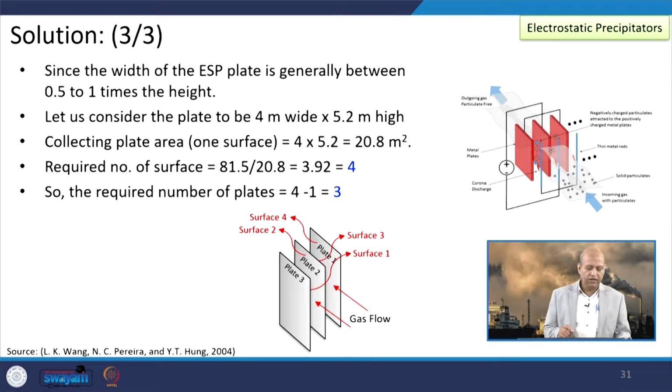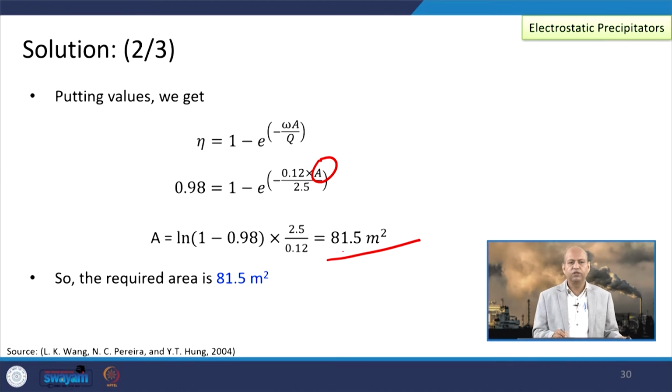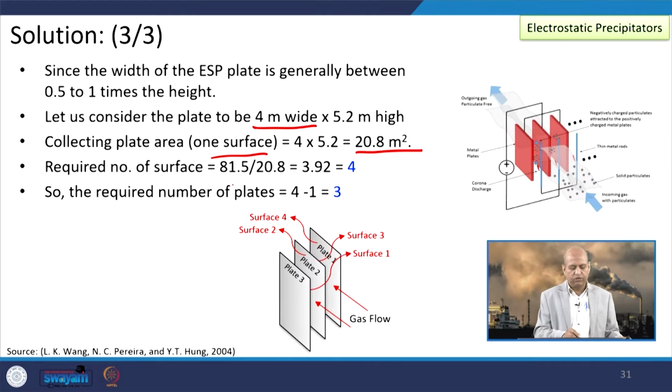Okay. Then since the width of the ESP plate is generally between 0.5 to 1 times the height, let us consider the plate to be 4 meter wide and 5.2 meter height. So, the collecting plate area of one surface is around 20.8 square meter, and the total area we calculated is 81.5 square meter. If we divide this total area by the area of one plate, this is 3.92, or you can say 4 surfaces are needed, because one single surface could be of the full value.